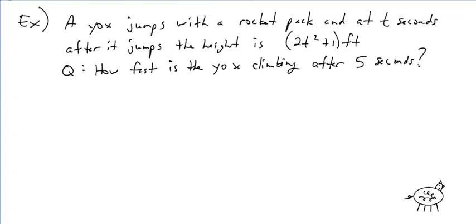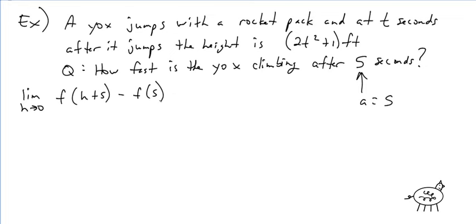Okay. Well, again, we're looking for our instantaneous velocity at that point, at 5 seconds. So that's our value of a. A is 5. So we're going to say limit as h approaches 0, our gap is 0, of f of h plus 5 minus f of 5, all over h.